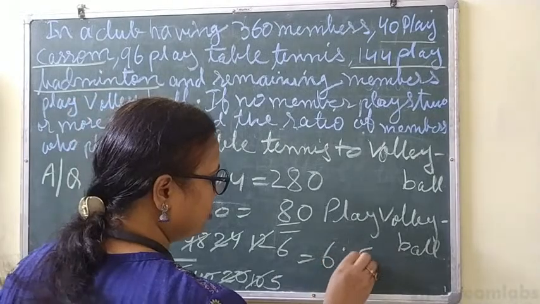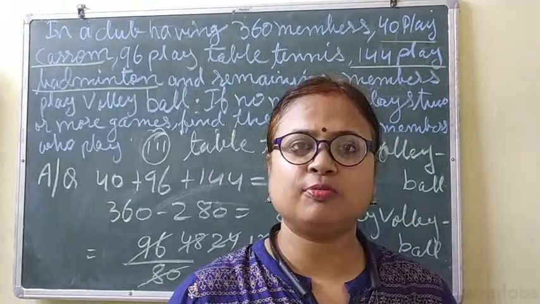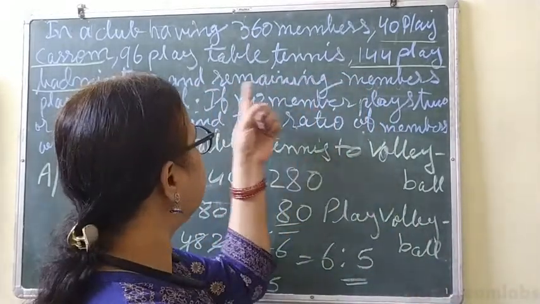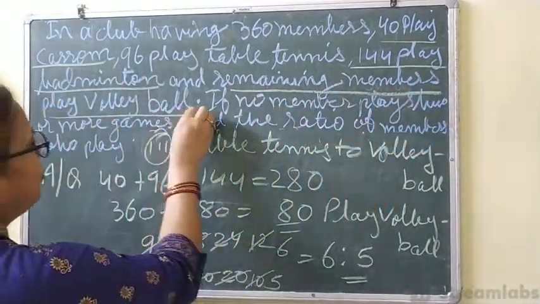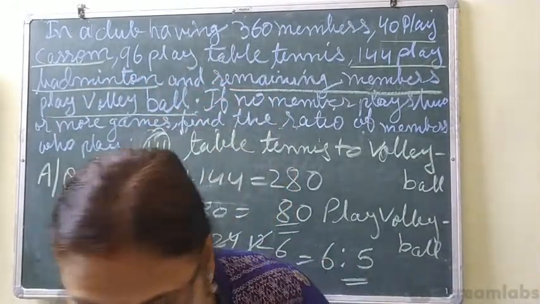So final answer will be 6 is to 5. Clear? So here we have to find out the number of players who play volleyball because it is not given. It is simply written here, remaining members. Here you can see remaining members play volleyball. Okay, so clear? Now, next sub part.